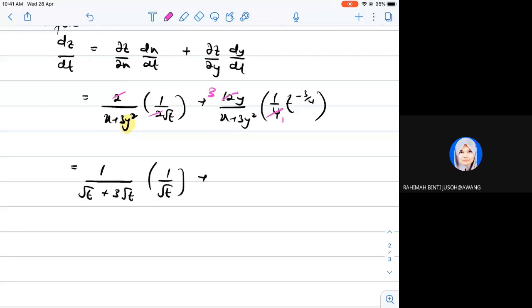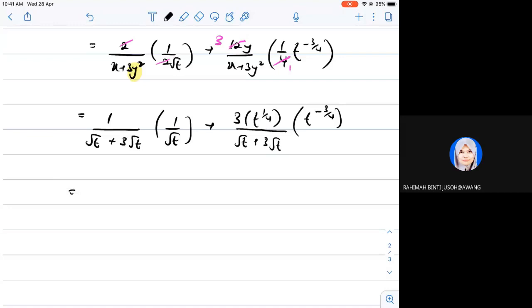Yang ni jadi 1 lah. So we have 3y. Y is t to the power of 1 over 4. And then over square root t plus 3 square root t. Multiply with t to the power of negative 3 over 4. Like that.